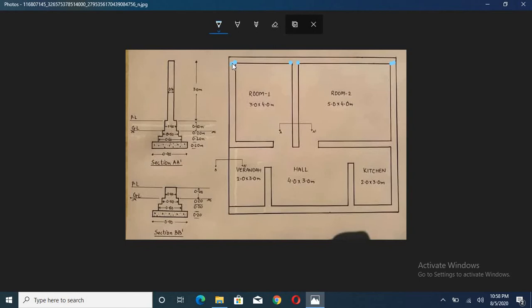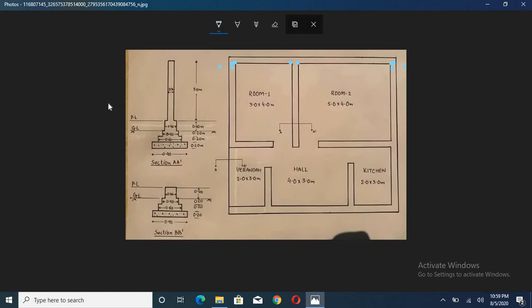Means total from this center to this center comes 0.15 plus 3 plus 0.3 plus 5 plus 0.15. The total comes to 5 plus 3, 8, 8.3, 8.6. From here to here it comes 8.6, but our excavation is up to here.